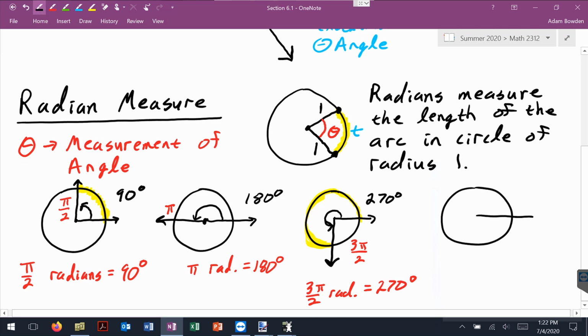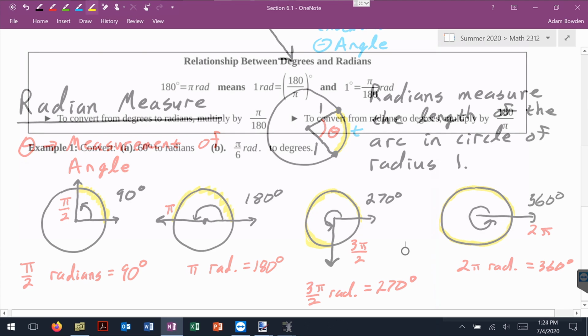And then if we make a full rotation around, that would be again 360 degrees in that measurement. But if we measure the arc length, the circumference around the unit circle, that was called 2 pi. So 2 pi radians is equal to 360 degrees.